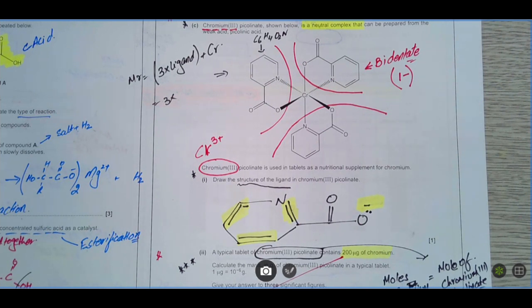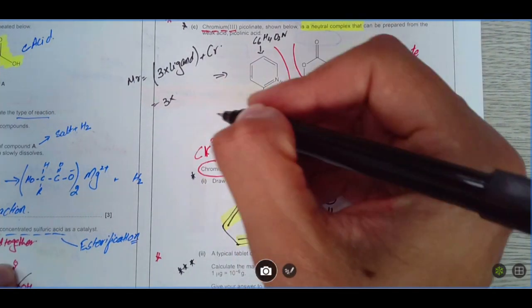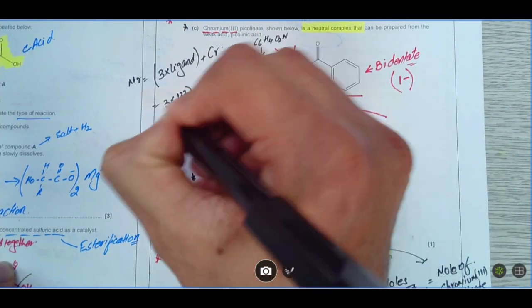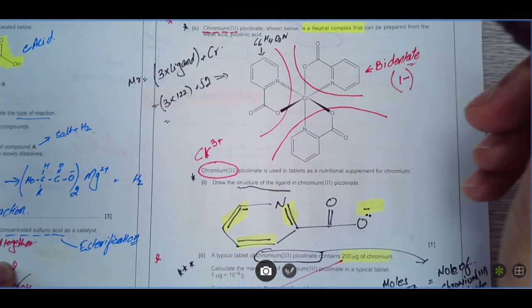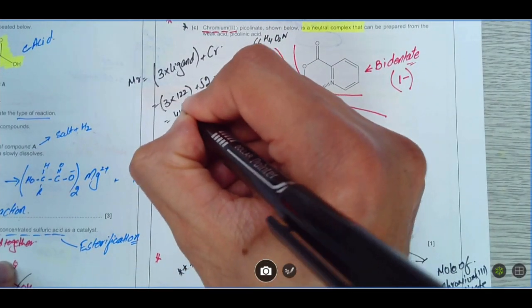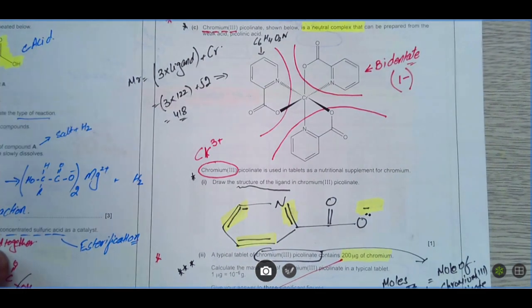Anyone tell me what you got? I got 122 for the ligand, plus 52, and this gives me an answer of 418. That's the Mr of my complex.